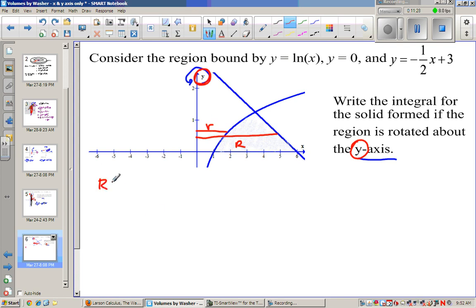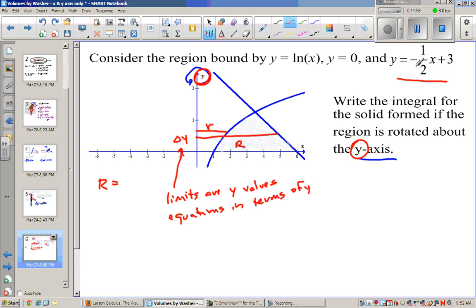Big R is this linear equation, and here's that linear equation. The only problem is notice that my width is delta y. And if my width is delta y, that means my limits are y values, and my equations have to be in terms of y.